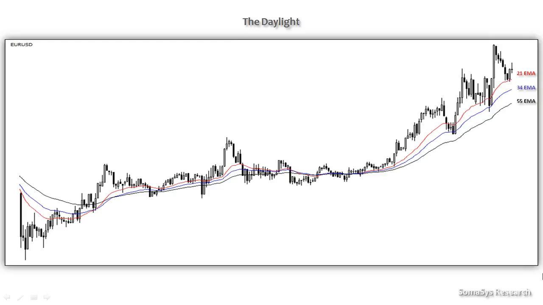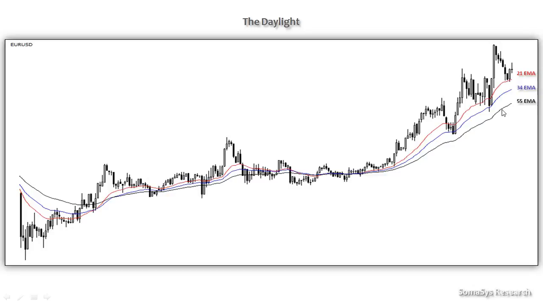Okay, so let's understand this setup daylight on EUR/USD. In order to trade this setup, we require 3 exponential moving averages with settings 21, 34, 55 to be plotted on the chart. So this one is the 21 exponential moving average, this one is the 34 periods exponential moving average, and this one is the 55 periods exponential moving average.